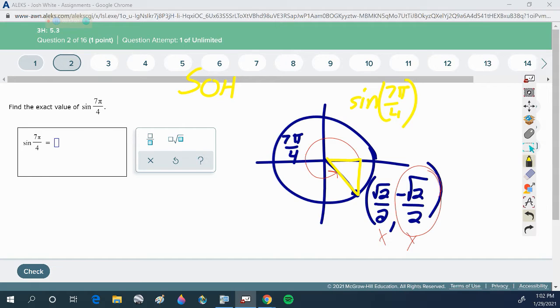And what's the length of the hypotenuse? 1. So what is negative root 2 over 2 divided by 1? It's just negative root 2 over 2, because sine is O over H, but H is 1.